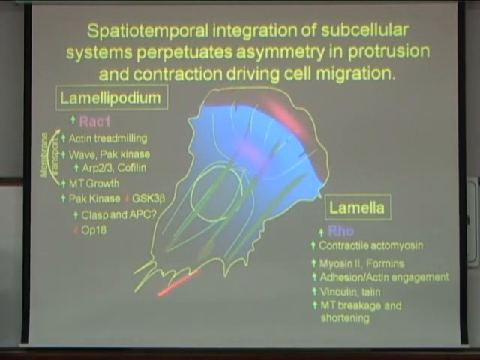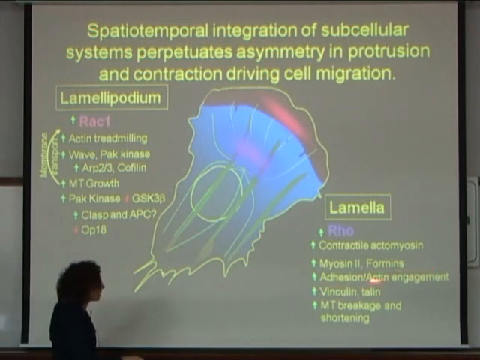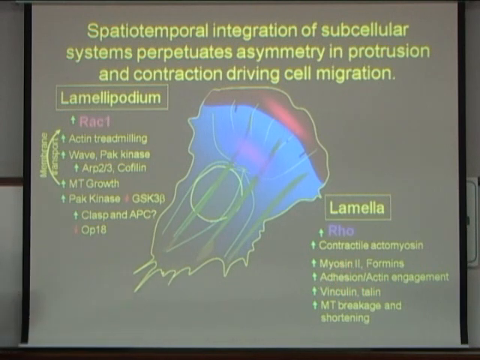And in turn, the Rho signal transduction cascade talks to the myosin and formins that generate this contractile actin-myosin network that through this slippage interface with vinculin and talin in the adhesions mediates the linkage of actin-myosin to the extracellular environment.